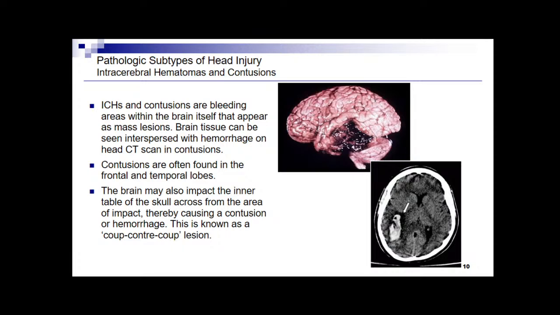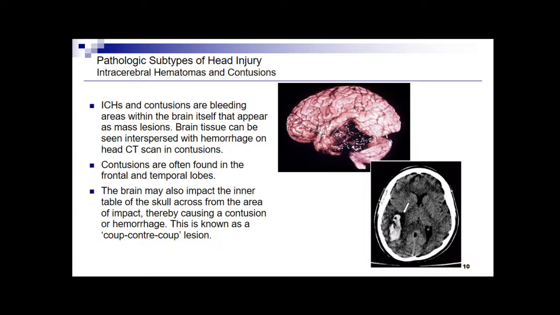Cells in the center of this focus are dead, devitalized, due to ischemia and necrosis caused by compression of microvasculature by interspersed blood in this area.